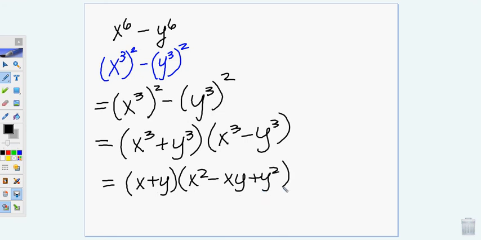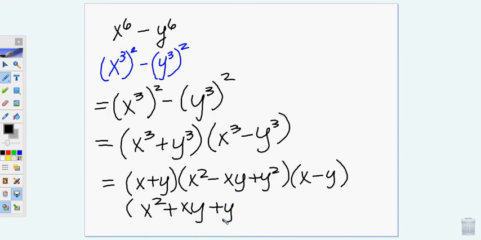And then the second term is times x minus y times, I ran out of space, so I'm going to go down to the next line, times x squared plus xy plus y squared.